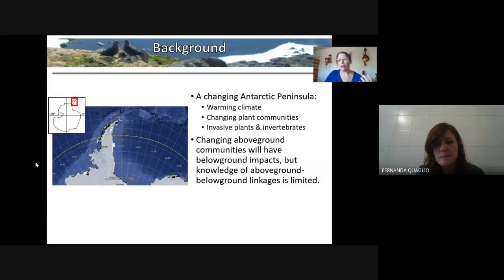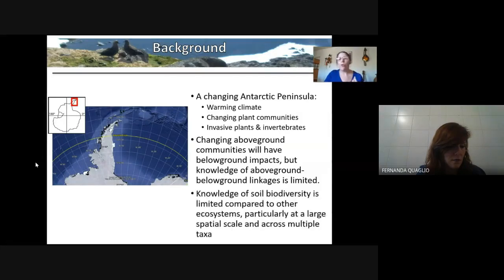While it is known that Antarctic soils under certain vegetation differ from one another in many characteristics, the exact nature of the influence that different above ground communities have on soil communities is not well described, particularly not beyond the site level. We also know less about the peninsula's soil communities than other ecosystems globally.